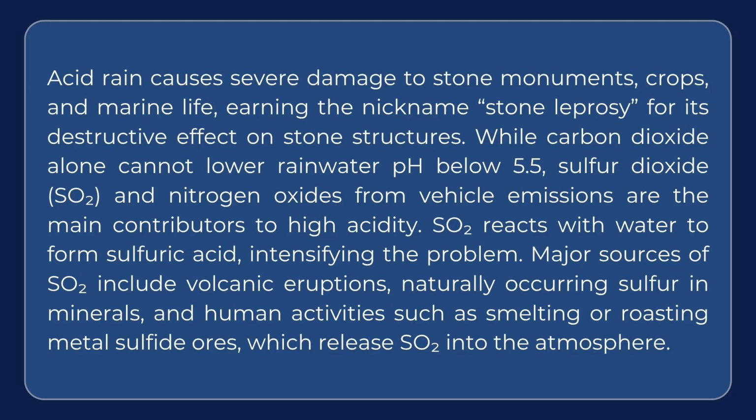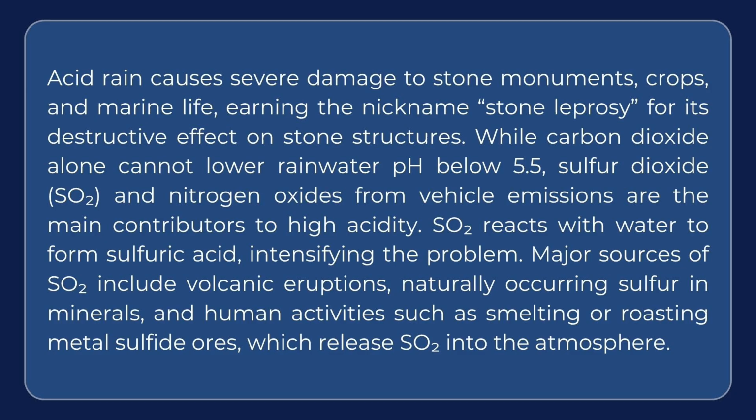While carbon dioxide alone cannot lower rainwater pH below 5.5, sulfur dioxide and nitrogen oxides from vehicle emissions are the main contributors to high acidity. Sulfur dioxide reacts with water to form sulfuric acid, intensifying the problem. So, ito na yung sinasabi ko guys, na kapag mataas yung nitric tsaka sulfuric acid niya, yung isang rain, nagiging acid rain to.